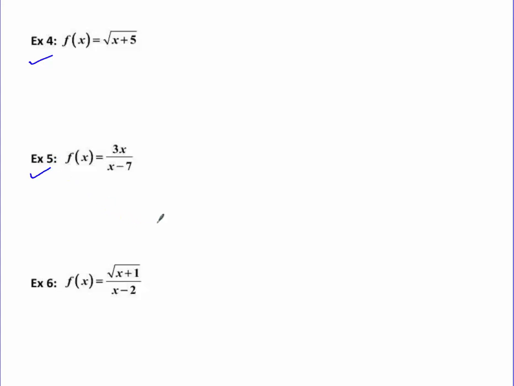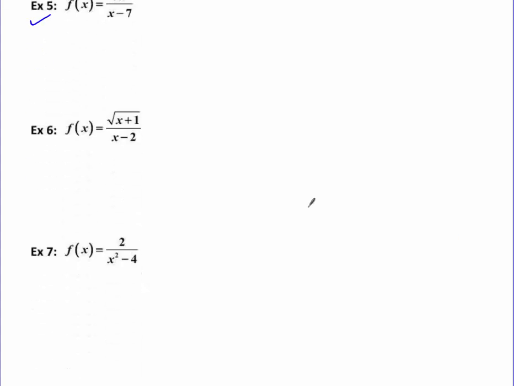I'm going to go ahead and look at number 6 for you. So on number 6, we have two situations. We have a denominator that can't equal 0, and we also have a radicand that has to be greater than or equal to 0. So we're going to work on both of those.